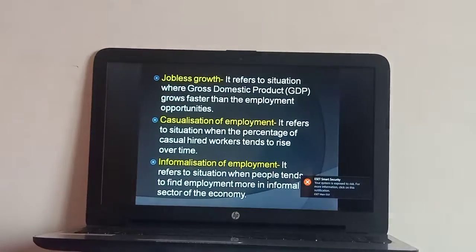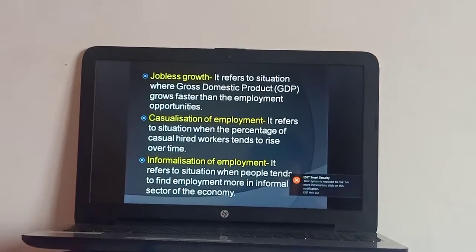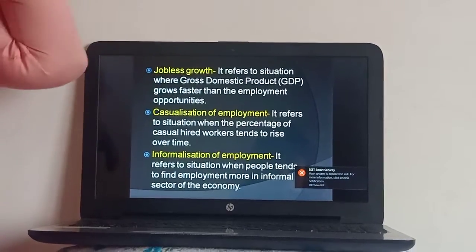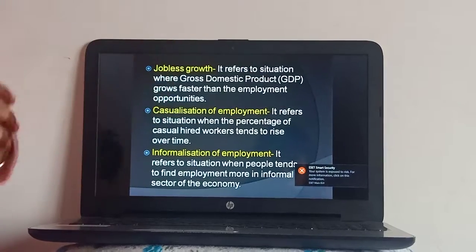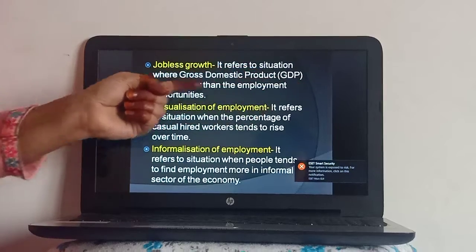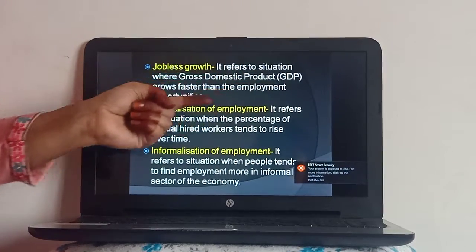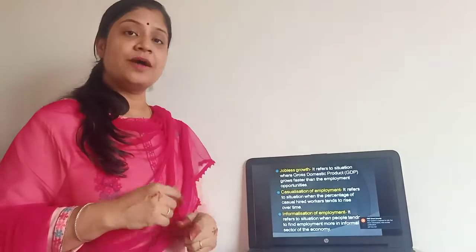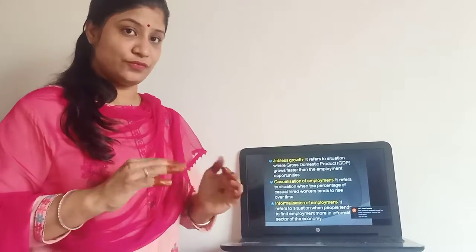Now let us know some more concepts of employment. What is jobless growth? It refers to a situation where gross domestic product, that is GDP, grows faster than employment opportunity. What is GDP? GDP means one year's production, the production of one year in India.